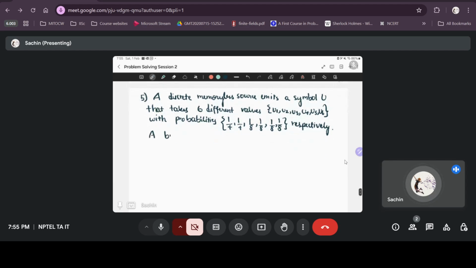A binary Shannon-Fano code consists of code words of what length?